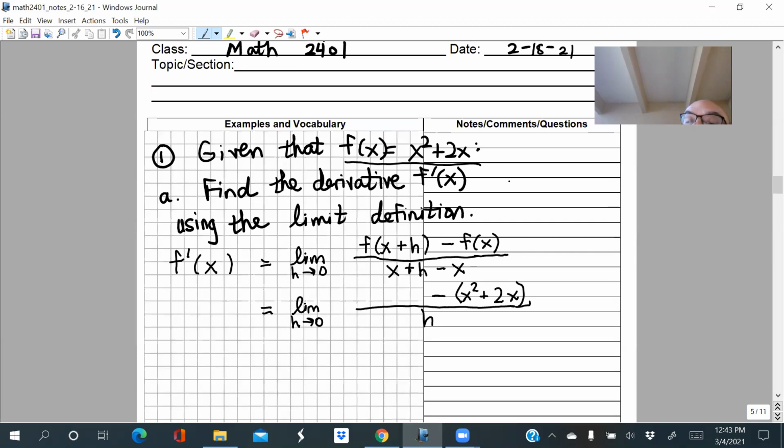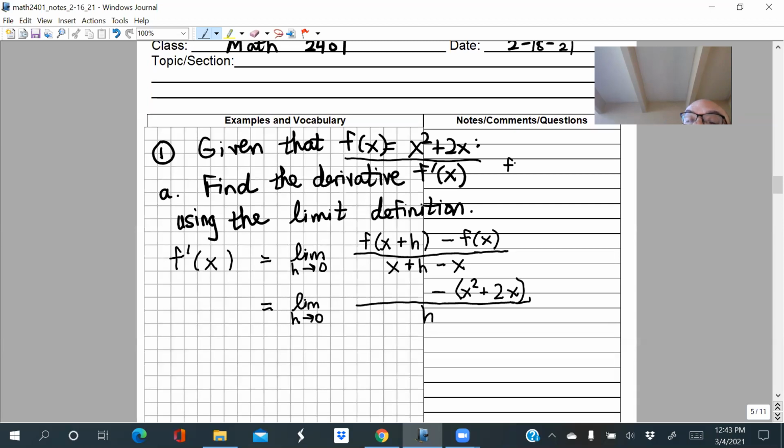So let's see if we can calculate off to the side here. Let's see if we can calculate f of x plus h. That means we're going to have to plug in x plus h in for x in this formula, right? But that's okay. We've done this now several times, so we're not going to freak out. We have x squared, so that would be (x plus h) squared plus 2 times (x plus h).